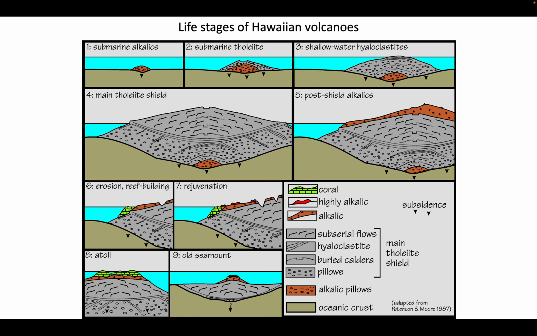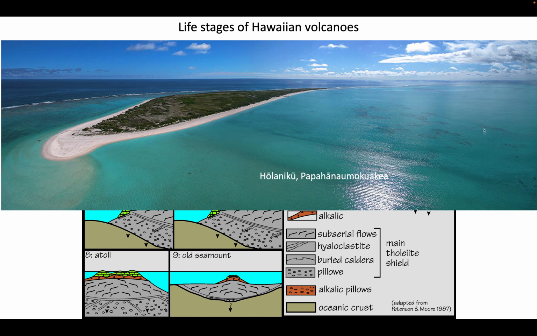We will discuss in a future lecture specifically these large landslides and some examples of places across Hawaii that have experienced them. As the volcanoes erode and subside, they become coral atolls like many of the islands in Papahanaumokuakea. And we're also going to have a lecture in the future that looks specifically at atolls and coral reef islands.